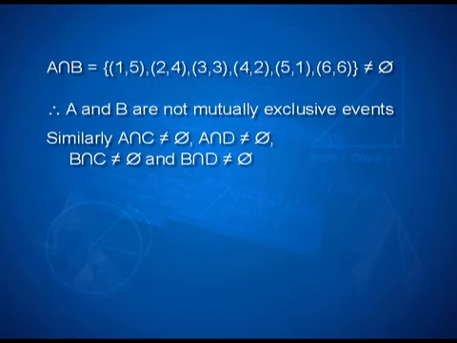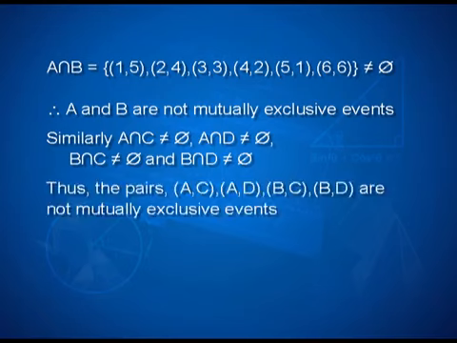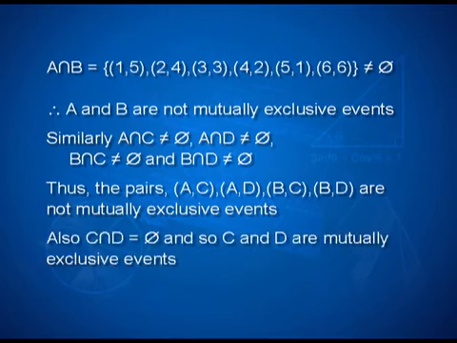B intersection C is not equal to phi and B intersection D is also not equal to phi. Thus, the pairs AC, AD, BC, BD are not mutually exclusive events. Also, C intersection D is equal to phi and so C and D are mutually exclusive events.